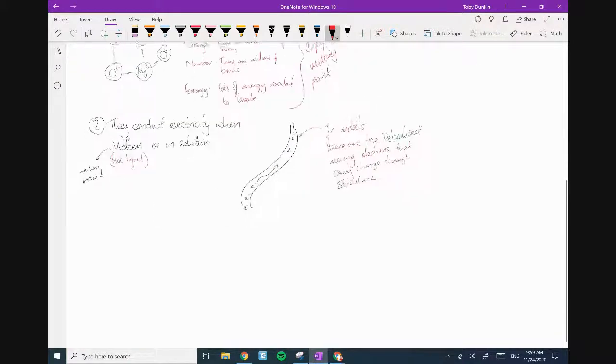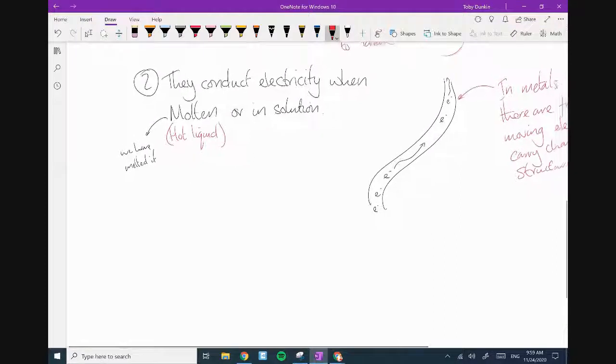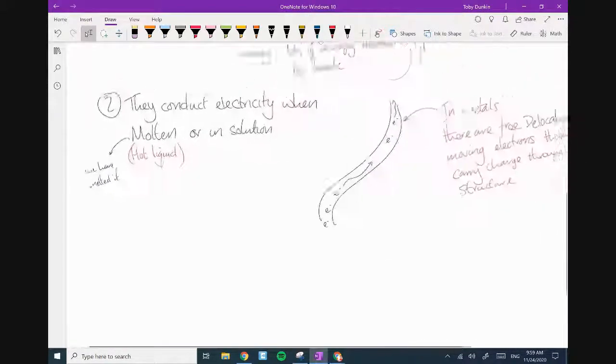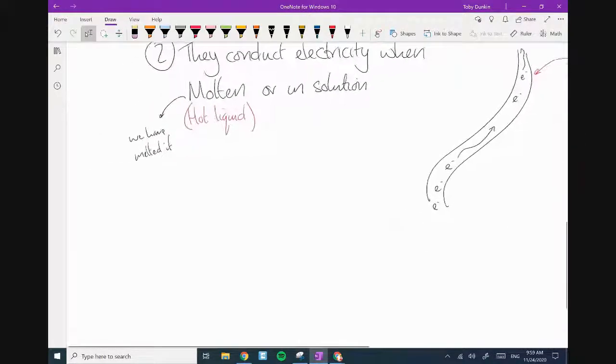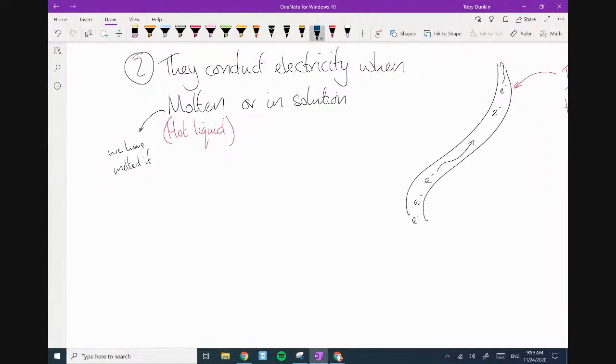Ionics have no free electrons because the electrons are owned by the non-metal. Delocalized sea of electrons, yes, that's correct. So metals have free electrons, but ionic compounds don't. A nota bene here: ionic compounds have no free electrons.